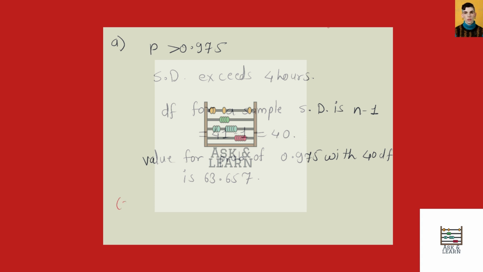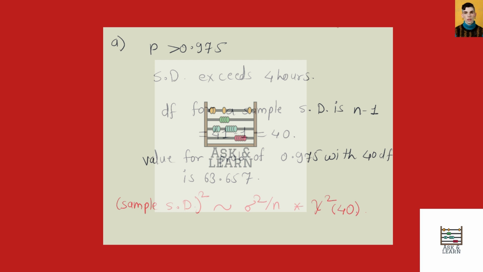So using this fact that the standard deviation has a chi-square distribution, the sample standard deviation square follows sigma square divided by n multiplied by chi-square of 40, because we have 40 degrees of freedom.